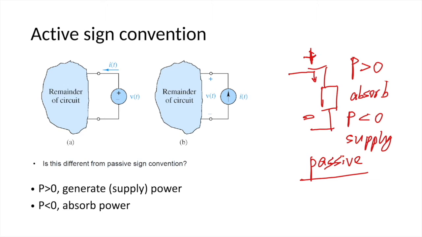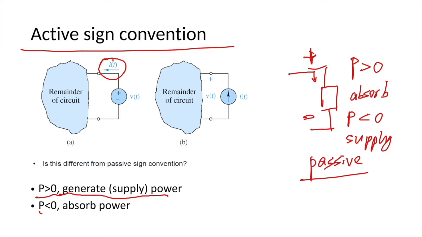And here we introduce the active sign convention. It is opposite to the passive sign convention. Here we can see that the reference direction for the current is flowing out of the positive terminal. In this case, for the active sign convention, if the power is a positive value, it means it is generating power.